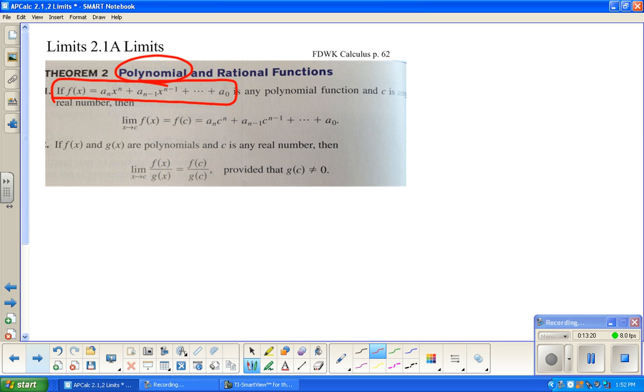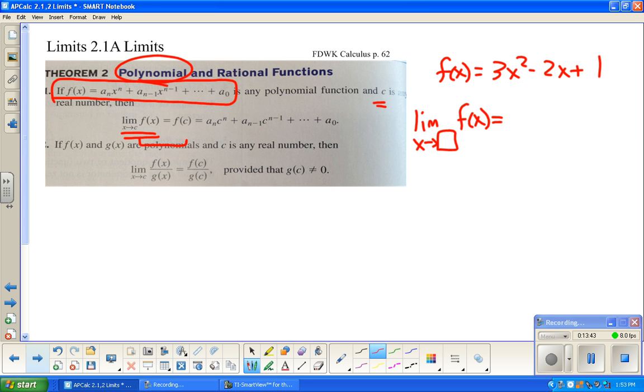Okay, so an example might be f of x equals 3x squared minus 2x plus 1. Okay, and they're saying if c is any real number, notice what they're doing. They're saying the limit as x approaches that number for f of x, you can find that by just doing f of that number.